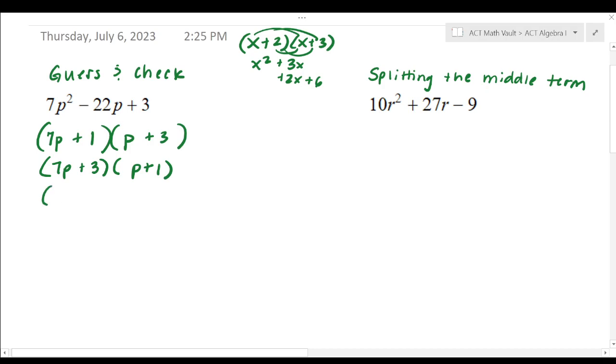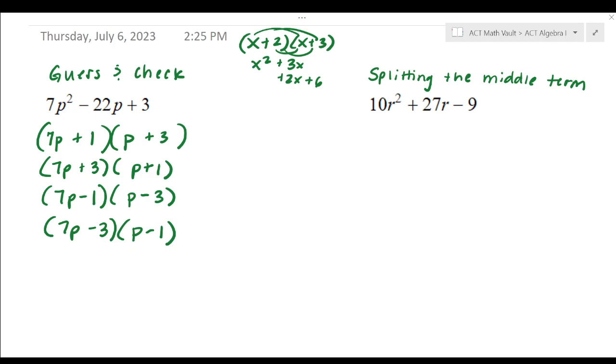And so we actually have to think about all of the negatives as well. What if I had negative 1? Well, then I would have negative 3. And this would be minus 3 and then minus 1. So those are all of my guesses, and one of them is going to work.